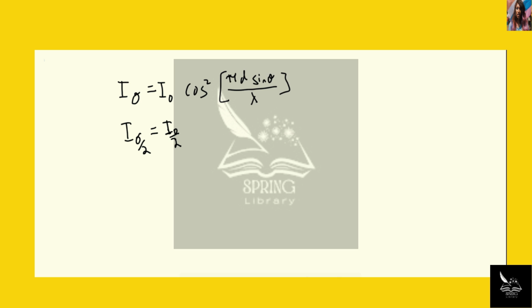So if we look, we have I naught over 2 equals I naught cos squared of pi d sine theta, sine theta 1/2, I'll call it, the half angle, over lambda.